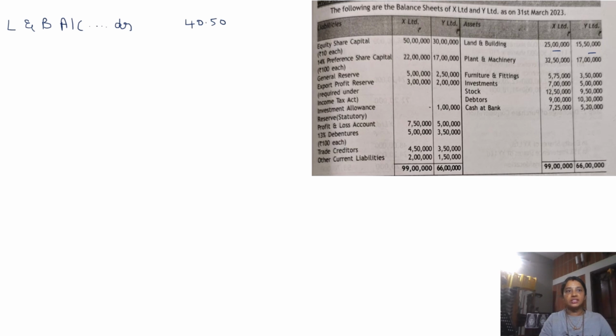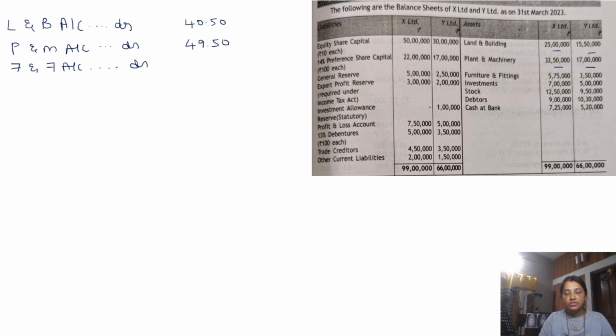So the next asset is plant and machinery account. Plant and machinery account debit. Plant and machinery of X is 32 lakh 50,000 and Y is 17 lakhs. So total comes up to 49 lakhs 50,000. Then furniture and fittings. Debit.